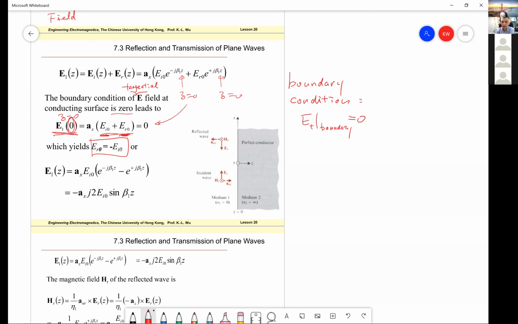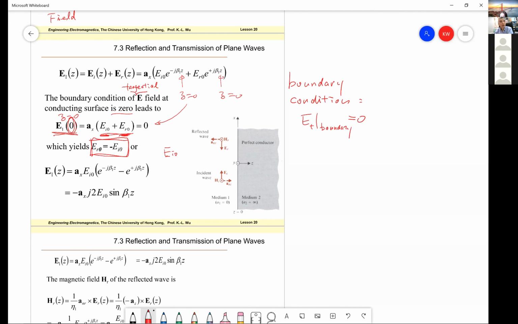All right, so what that means is, even though I don't know the magnitude of the incident wave exactly, I know it can be measured. But I don't mind what that is. This relation is always true.